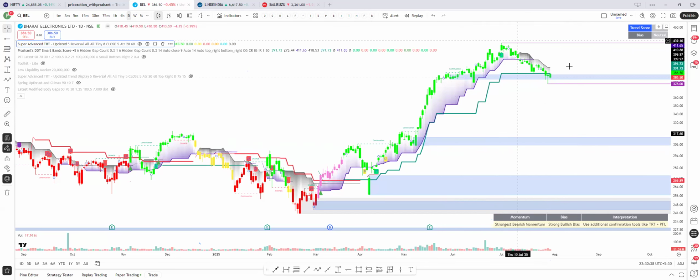But it is possible that even after turning color to red, it may go up and create a new high. We see that many times. But right now, the price is below the green band and below the momentum band. And if the color also changes to red, then we don't know whether it will immediately go up, or it will first come down and then later on go up.